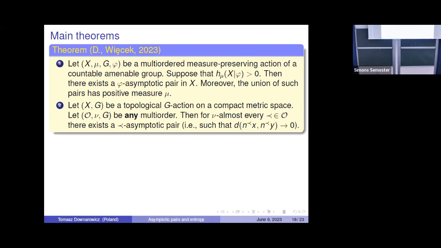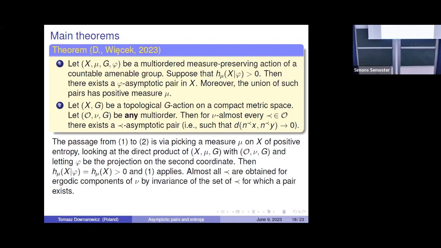That means they converge to each other as n increases, as we proceed along this order, common for the two points. And the passage from 1 to 2 is very easy to see.